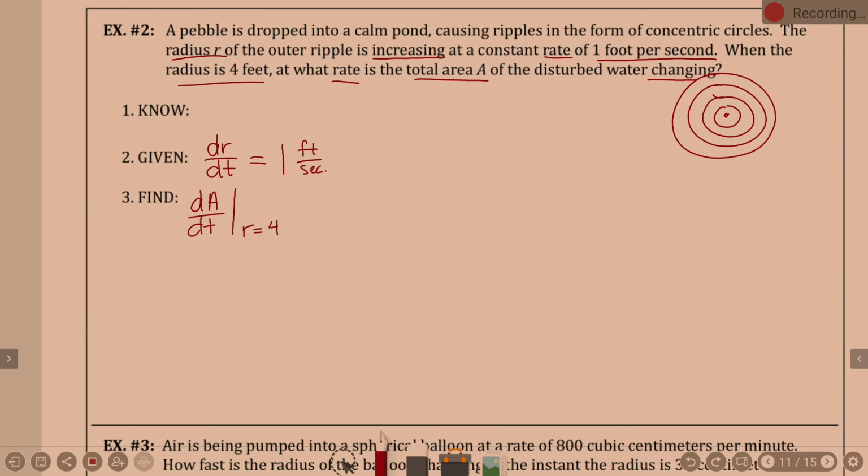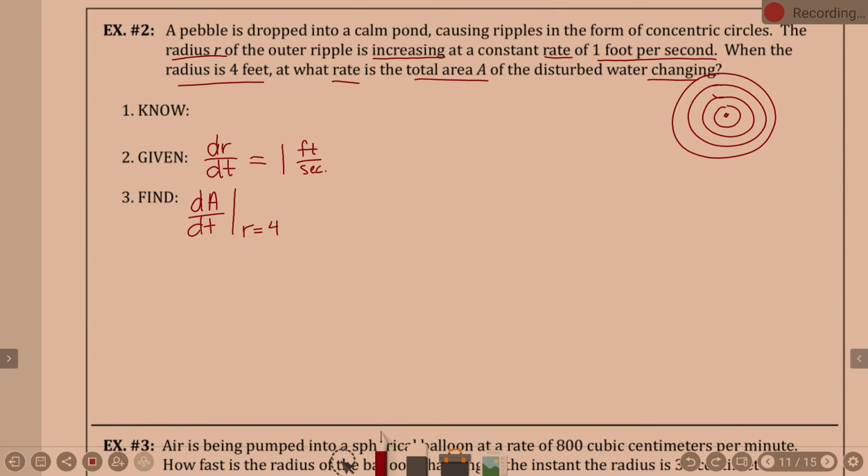That's not saying when the change of the radius is 4 feet, it's saying when the radius is 4. So when r is 4, at what rate is the total area changing? That's your dA/dt.